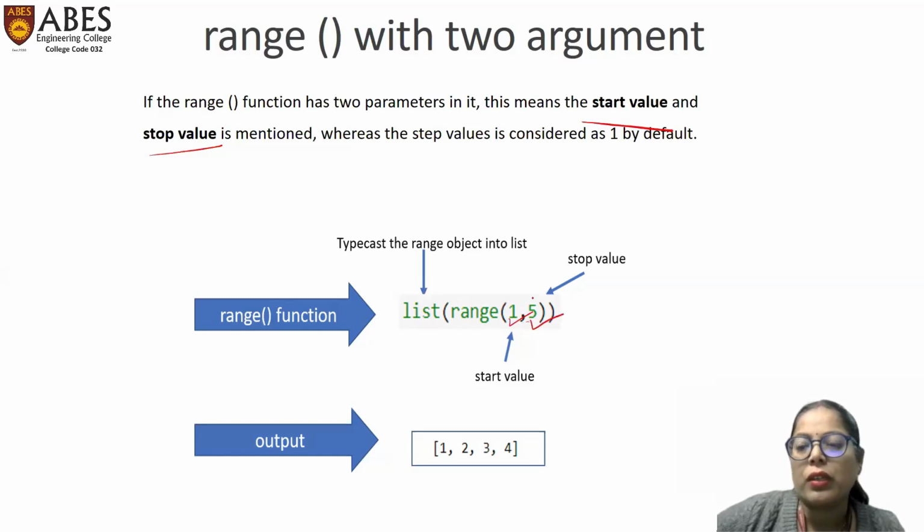We have not mentioned a step value, and after that we are typecasting it to a list. It starts from 1, as we have mentioned that the start value is 1, and we have not mentioned the step value, so the default value will be taken. And what is the default value in the case of range? That is +1, right? So it will be incremented by 1. So your output is 1, 2, 3, 4.